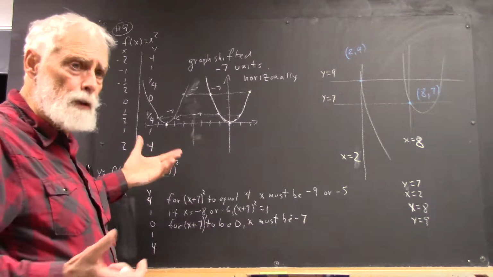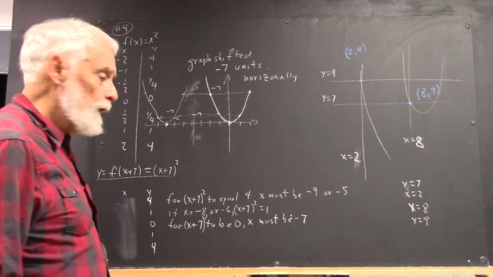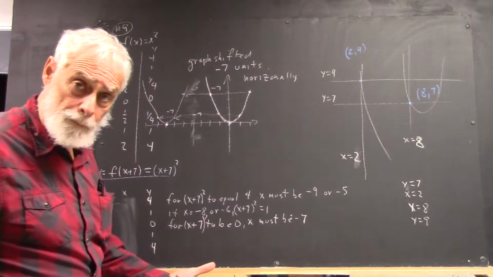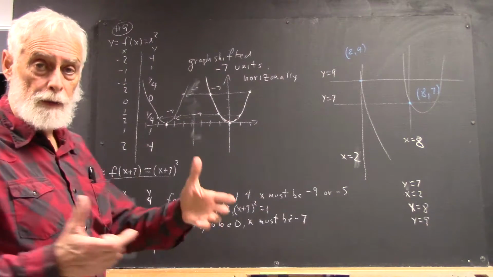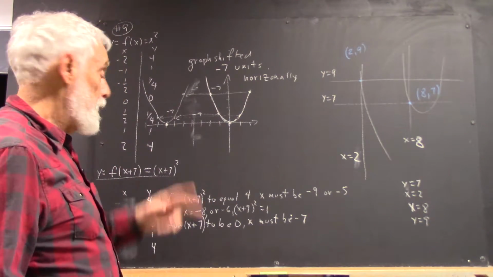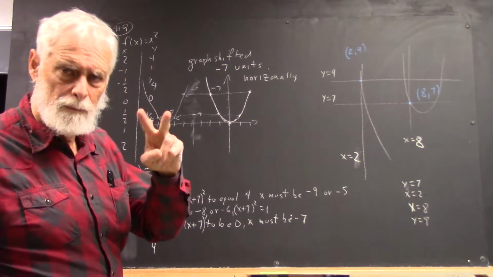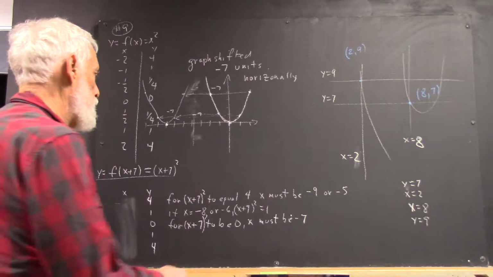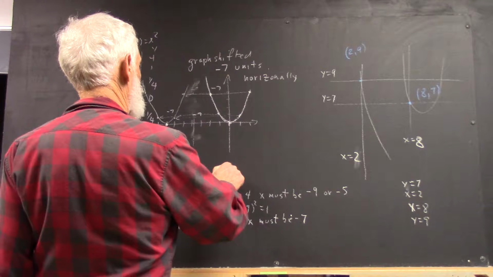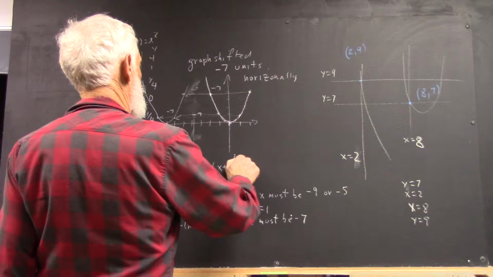But there are actually two values, and the other value would be -9, because -9 plus 7 is -2, and when you square -2, you get 4. We can figure that out by thinking about it, or we could write out the equation: x plus 7 squared equals 4.